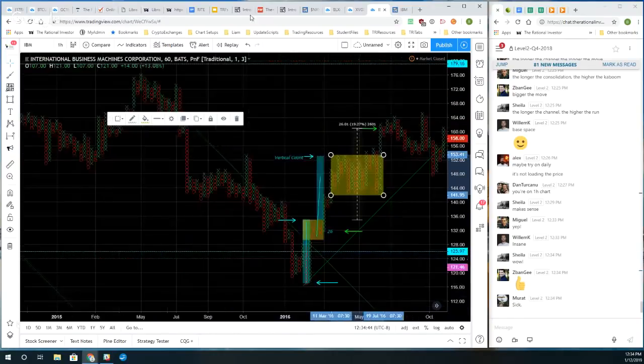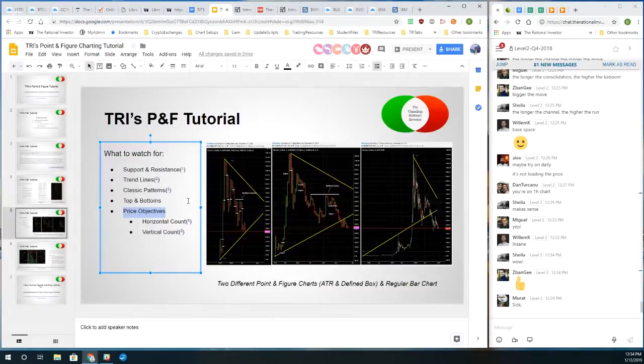All right, so what I wanted you to take away from here is the most important thing about point and figure charting: because it removes the aspect of time from the equation, we see horizontal and vertical support lines really, really well. Then if we want to draw trend lines, it's really simple to draw a trend line here.